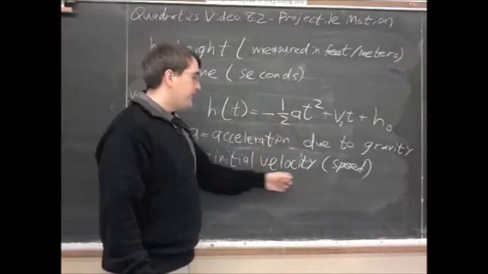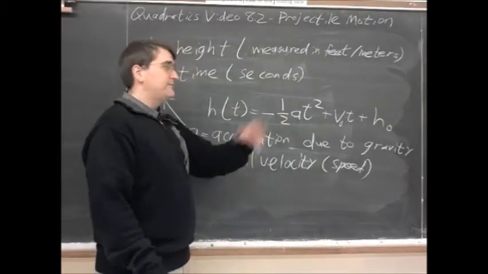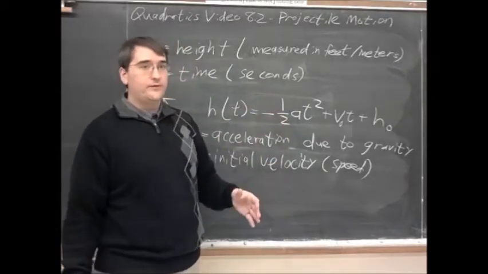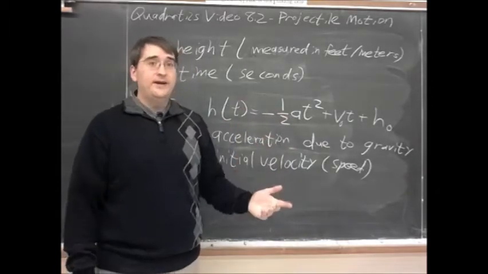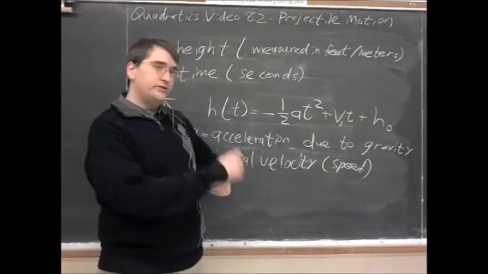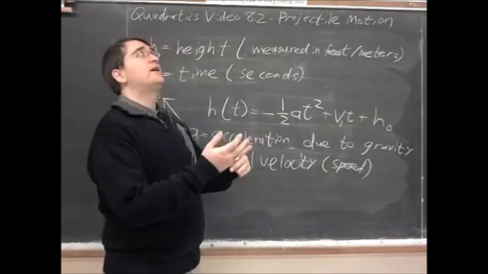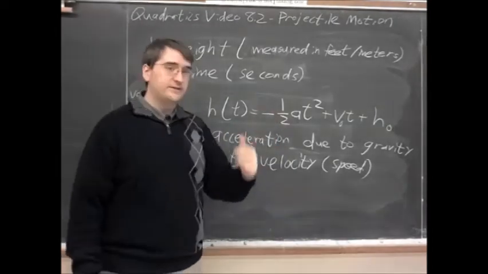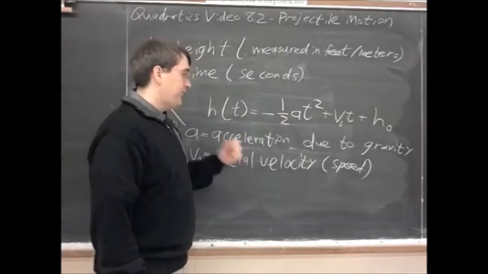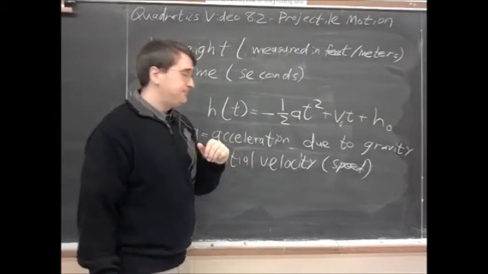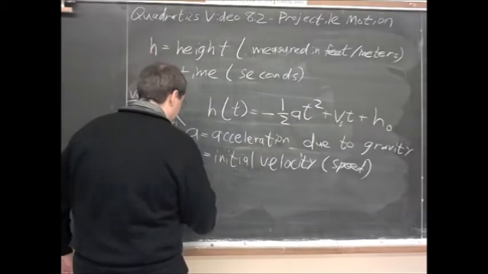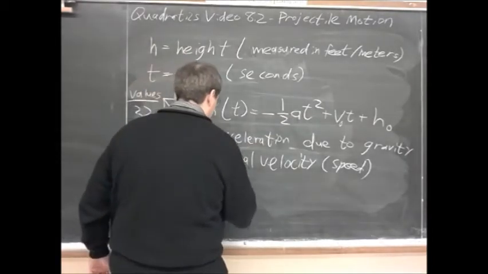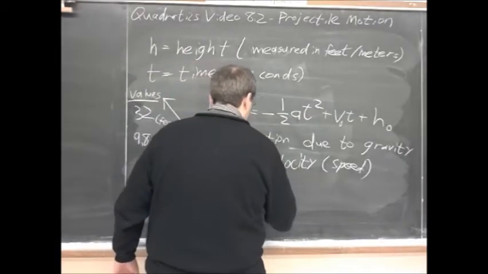So this is how fast whatever the thing is going right at the beginning, right from the get-go. So right when you hit the golf ball, right when you toss the chalk in the air, that moment that you start the stopwatch, that's what we mean by initial velocity. And so h0, that's for the initial height.